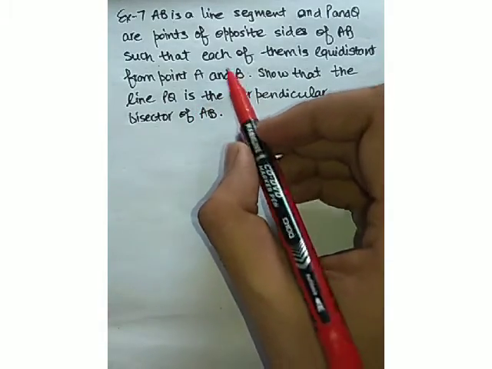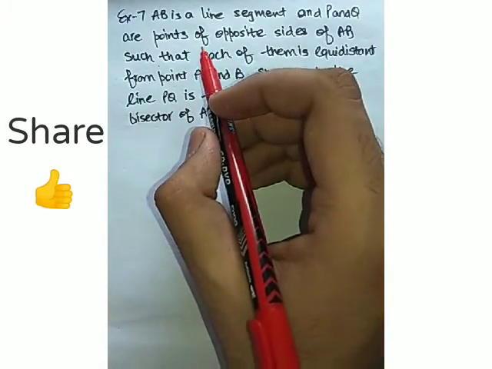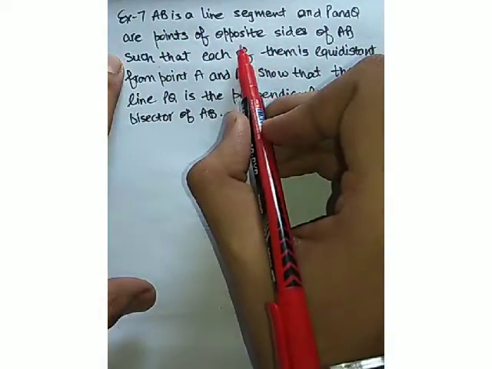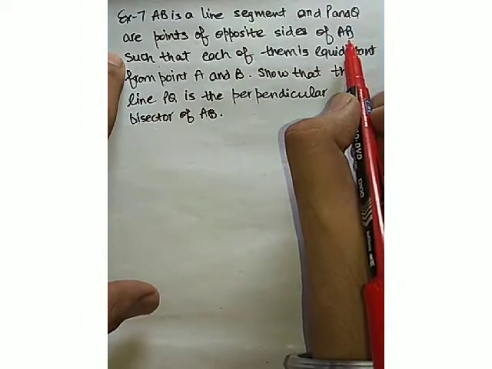This is our statement of example 7. It's a very important example. AB is a line segment and P and Q are points on opposite sides of AB.